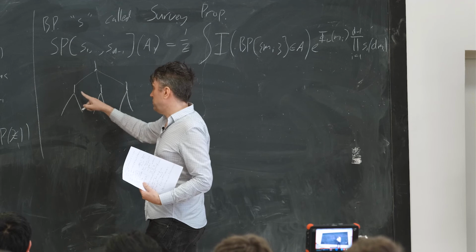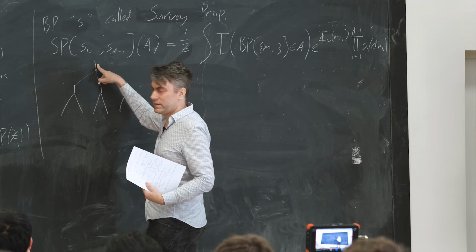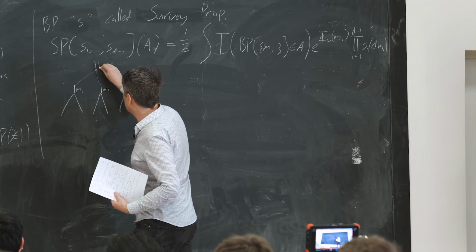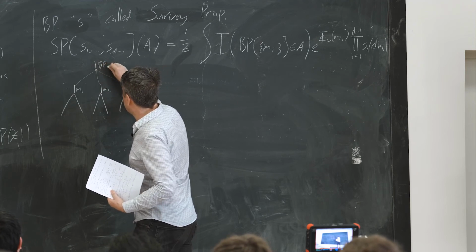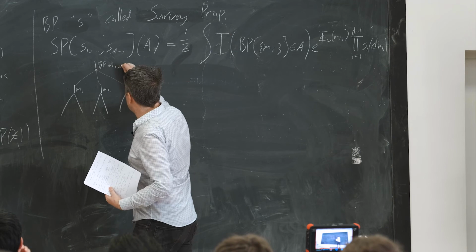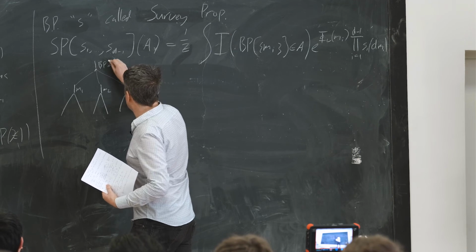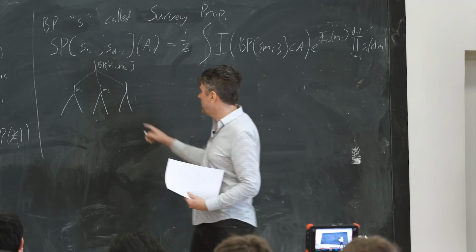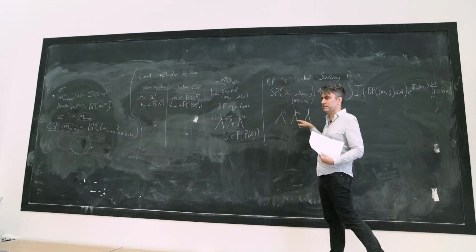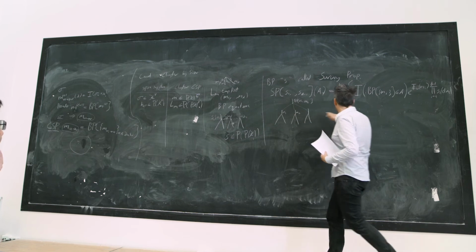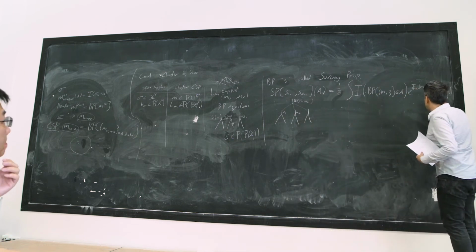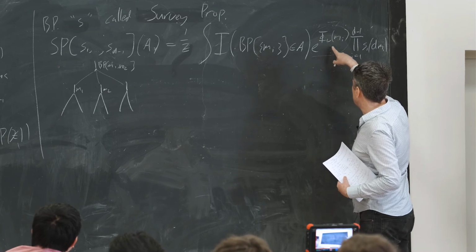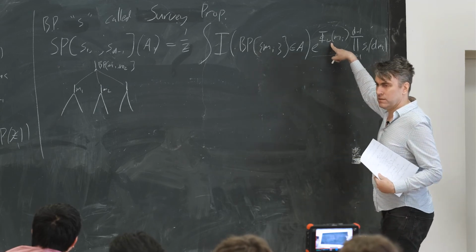With the messages, there's only one thing you can have. This was M1, M2, and so on. This would just be BP of M1, M2, and so on. And there's some reweighting of the graph, where we weight by the change in the partition function when we add in this vertex.